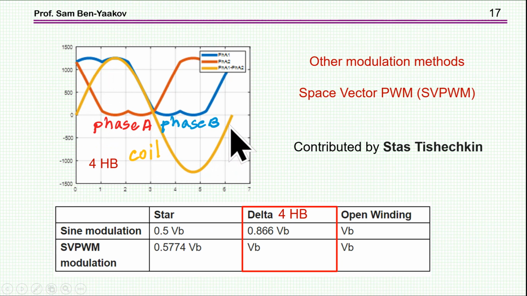Now, in this particular case, the advantage of the space vector PWM modulation is that we are getting a maximum voltage of the bus voltage. So this is a very unique case, which then means that we are saving in terms of the number of transistors, but we are not losing anything in terms of the amplitude as compared to the very simple open winding with a full bridge for each one of the coils.